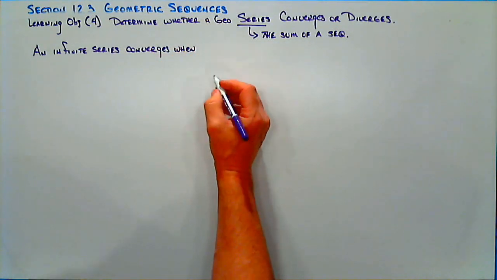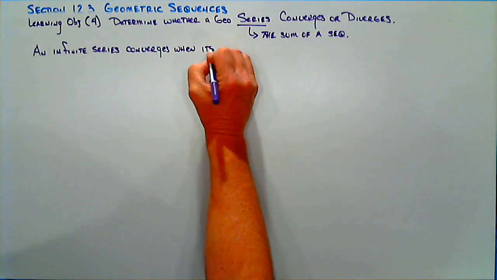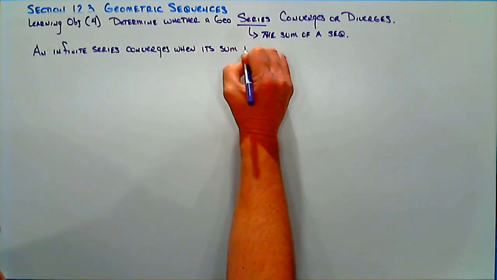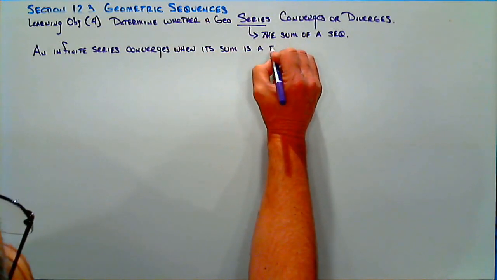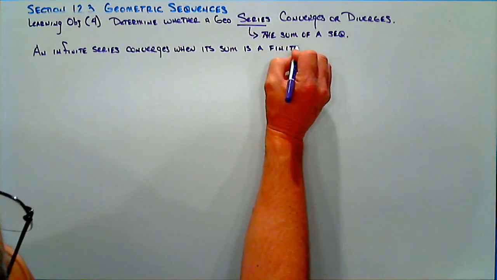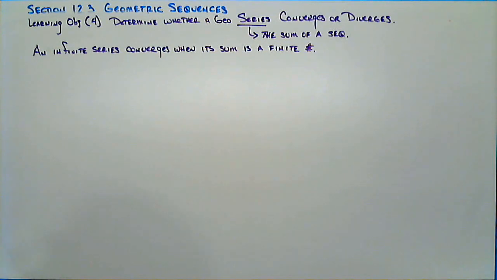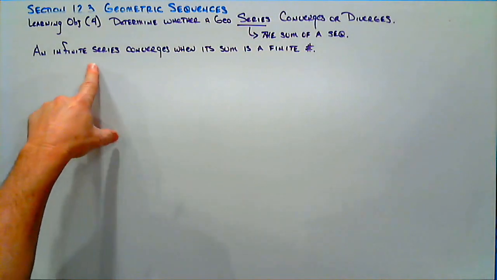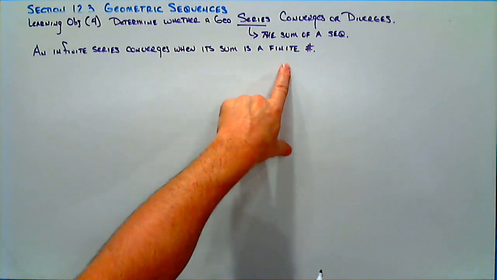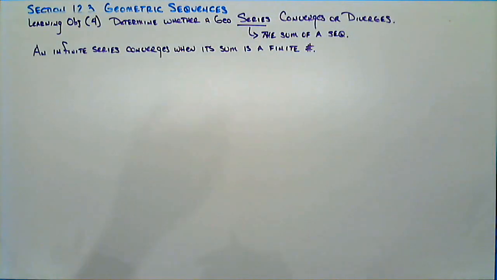Well, an infinite series converges when its sum is a finite number. Remember, we're adding up an infinite number of terms here, but if for some reason when we add up an infinite number of them, we get a finite number, we say it converges.